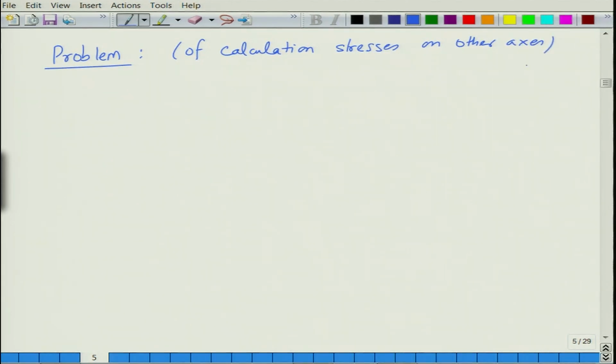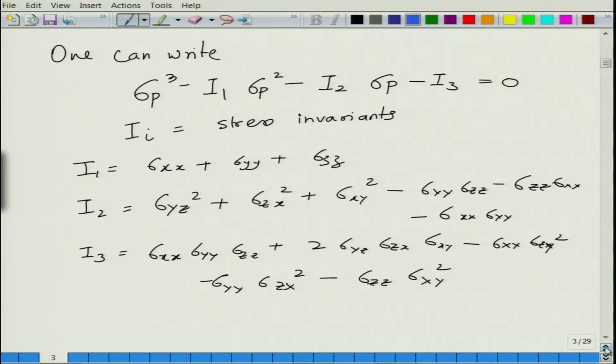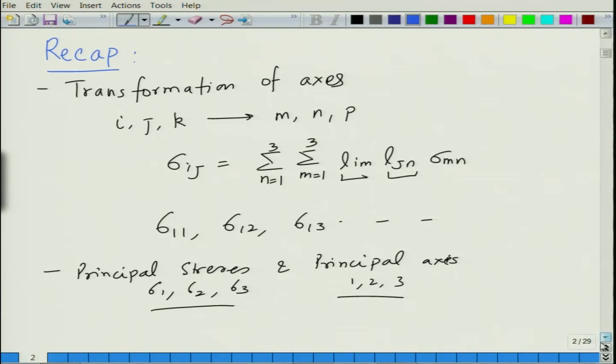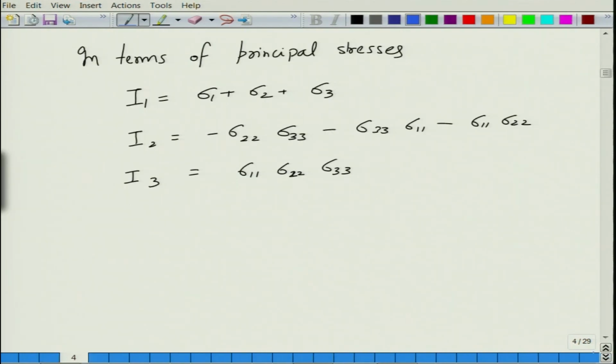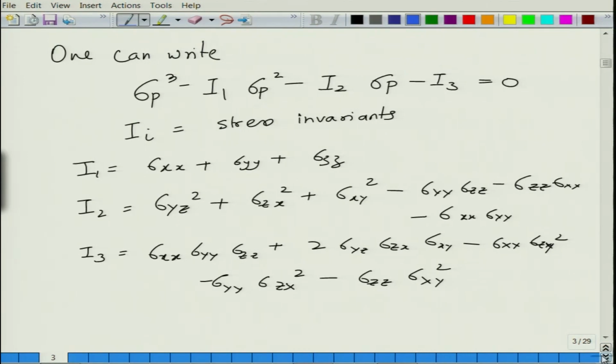What we have looked at basically is, we first looked at the transformation and then we looked at the expression for principal stresses with stress invariants built into them, and from these stress invariants one can calculate the values of principal stresses, and that is what we are going to do now.